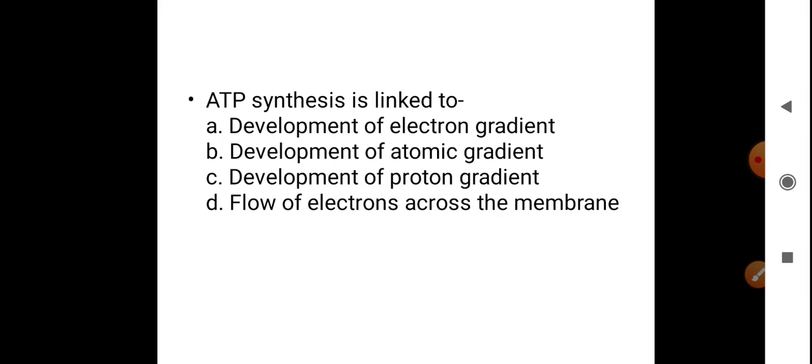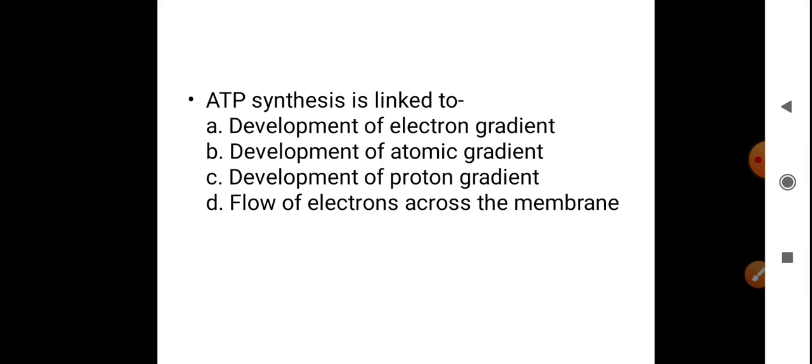Next question: ATP synthesis is linked to: option A, development of electron gradient; option B, development of atomic gradient; option C, development of proton gradient; option D, flow of electrons across the membrane.